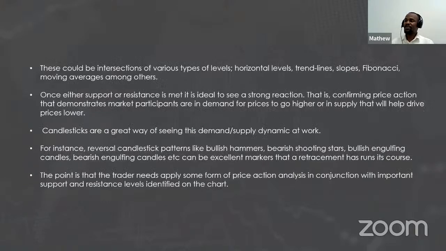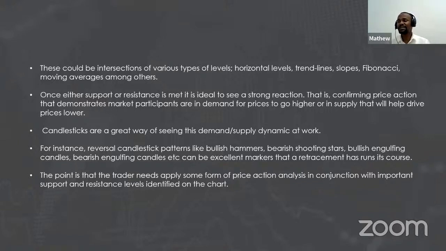So furthermore, one of the facts you want to look at is the test of those areas. Yeah, it is where you're likely to see other indications that are going to give you confluence in the market.